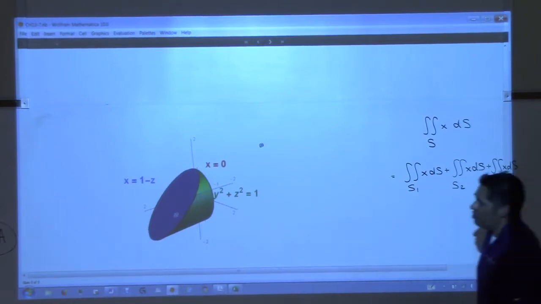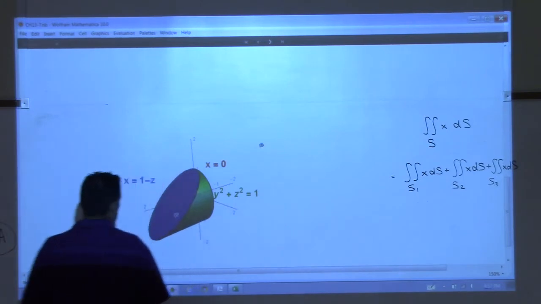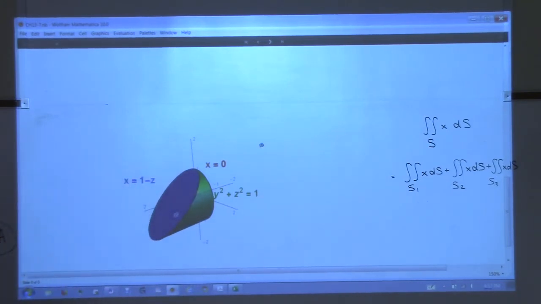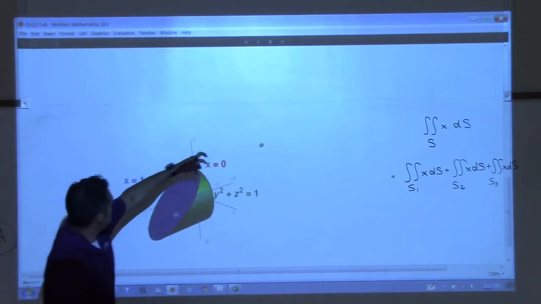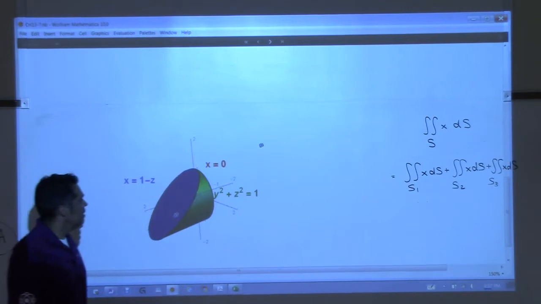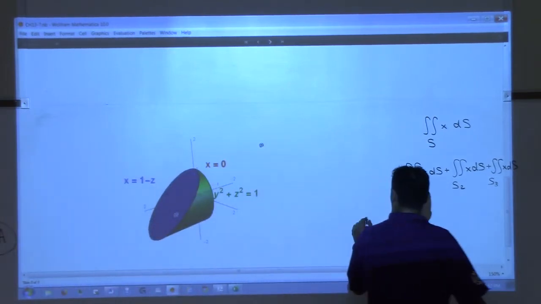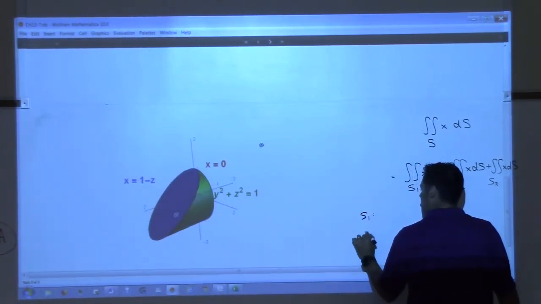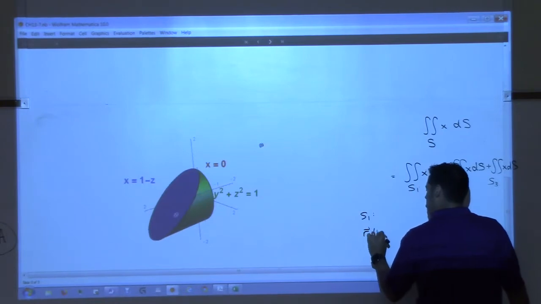Now, what you call S1, S2, and S3 is totally up to you. So where do you want to start? Let's start with the easiest one. X equals 0? Yeah. That backside? Yeah. Okay. So if we're going to do that backside, that S1, we write that using a vector function.